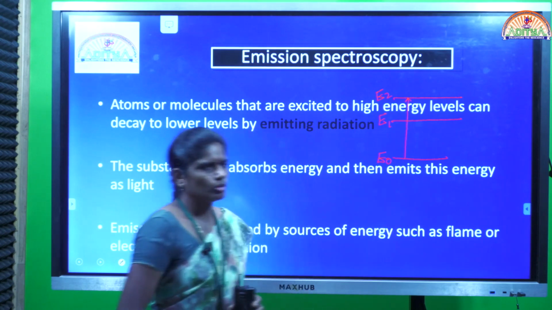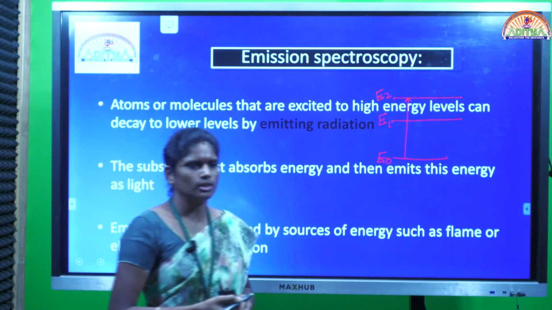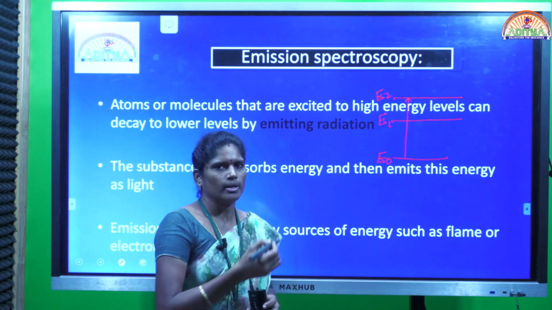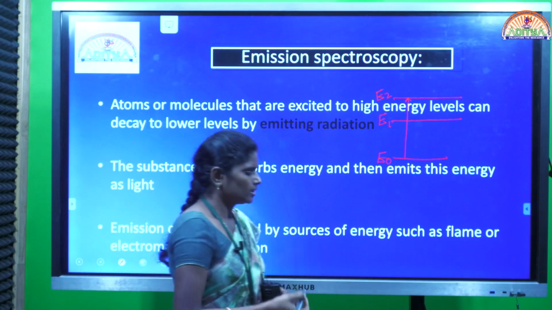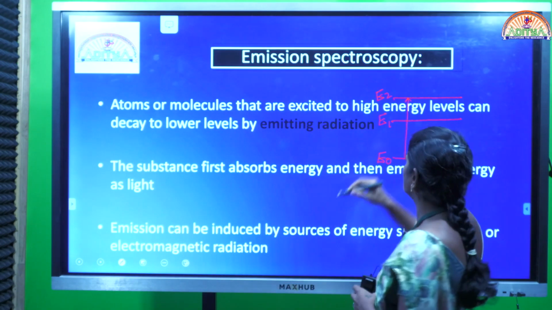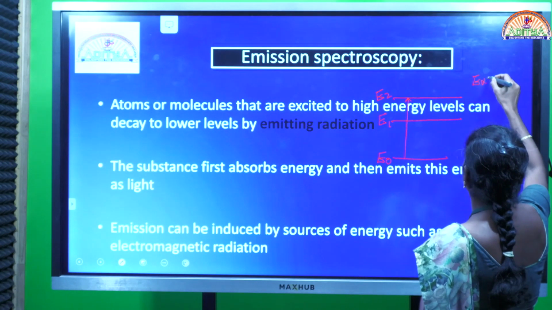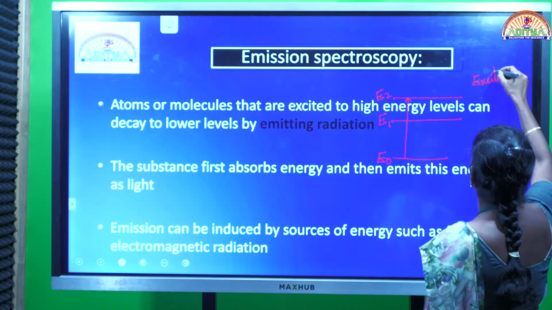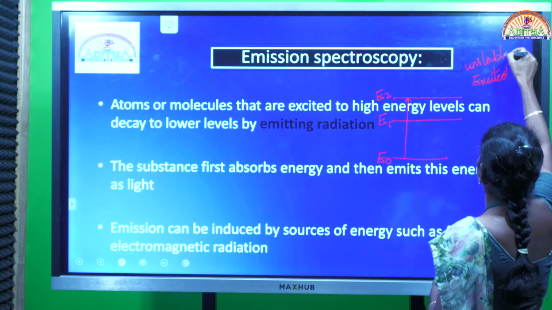When an electron of a molecule first excites from the ground state to the excited state by the absorption of a certain form of energy, after this transition the molecule will be in an unstable state. This is called the excited state, which is an unstable state.